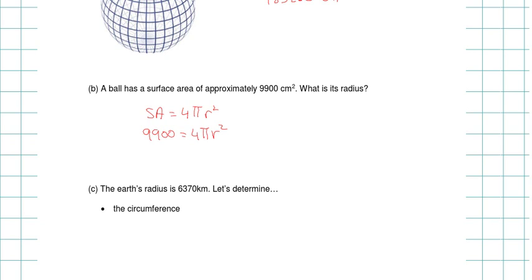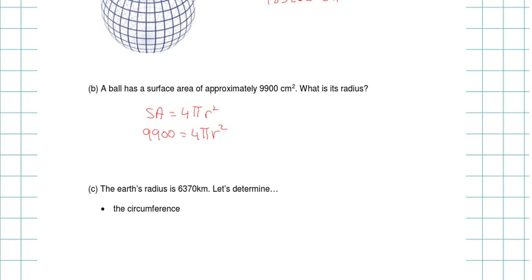What do I do to solve for r? Anyone? I have to isolate for r. So how would I isolate for r? I want to leave r here by itself and move everything else.